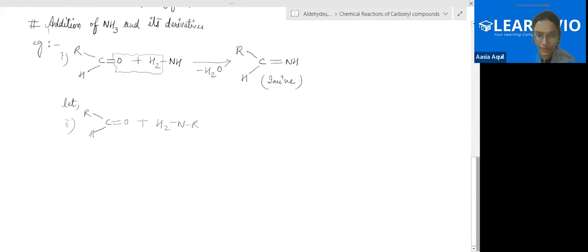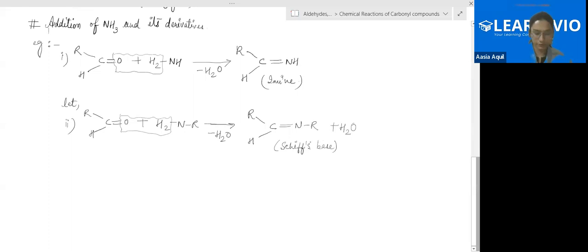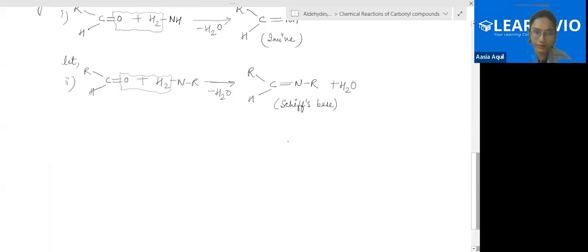So what will happen? Again, just remove water to do dehydration. Again, do the same thing. The mechanism will be the same. You will get R over here. So what is this? This is your Schiff's base, and water. Okay. Now we will see the reaction with ammonia derivatives.